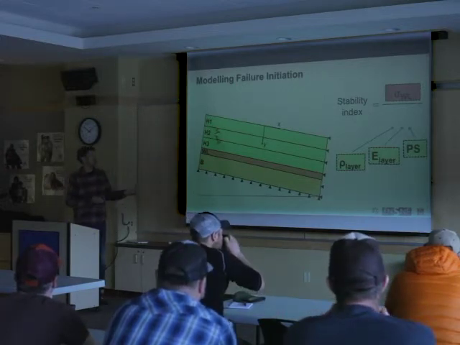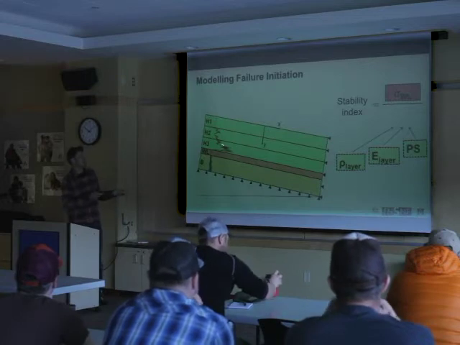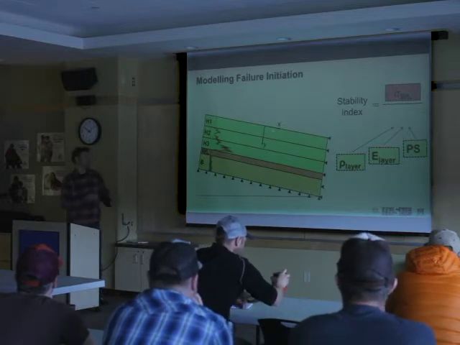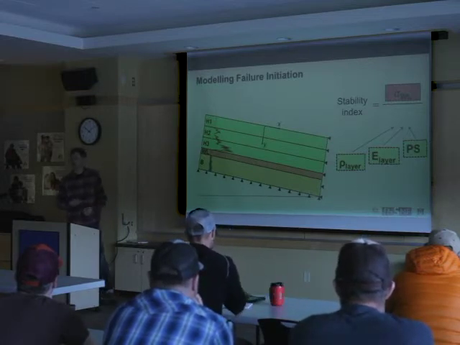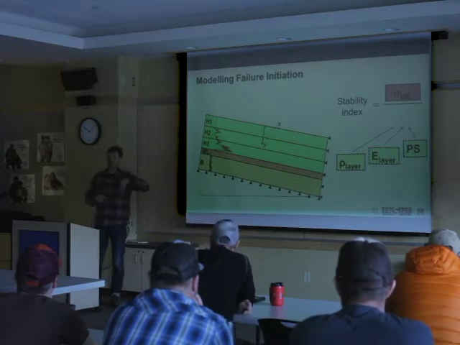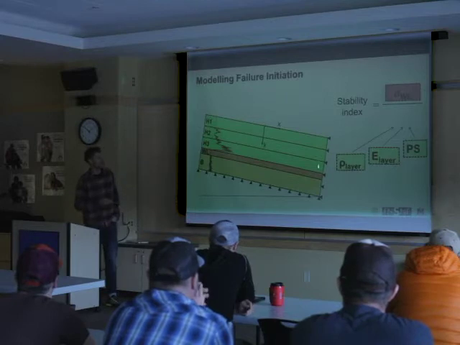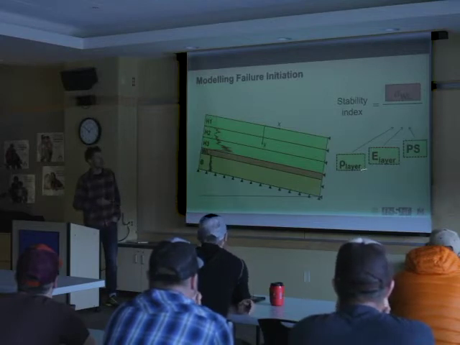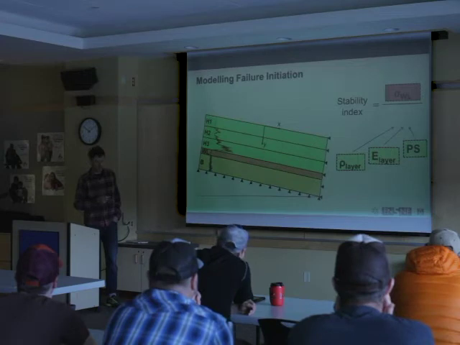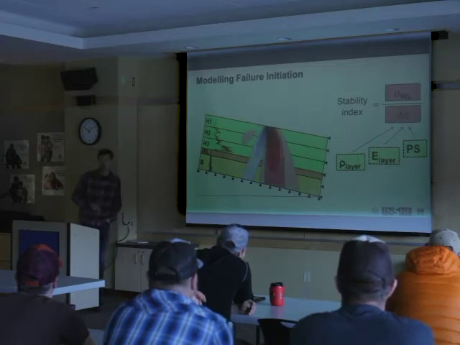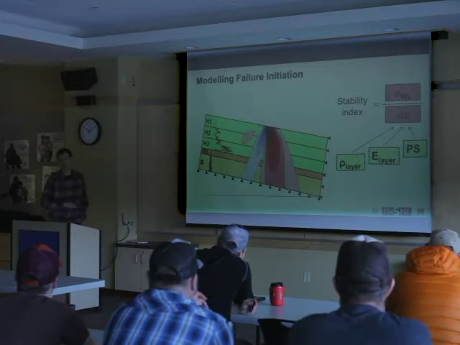So you can put a force on top here, but actually you need to know the properties of the slab to model the stress that this weak layer feels down there. So that's why I put here all these properties that you need to know of the slab to calculate the stress down there. And this is what it looks like.